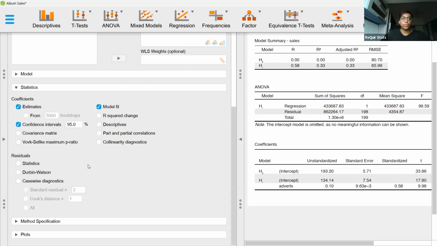Okay. Now, the essence of regression is actually when you plot raw data points and you plot a best fit line, the distance from those raw data points to the best fit line are what are known as residuals.